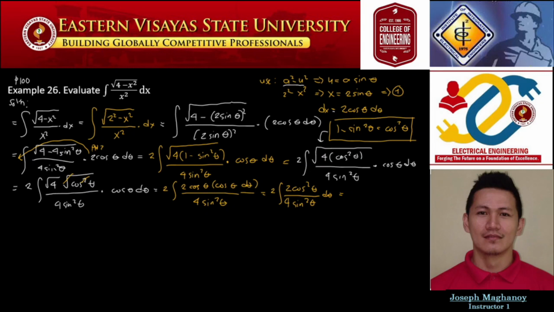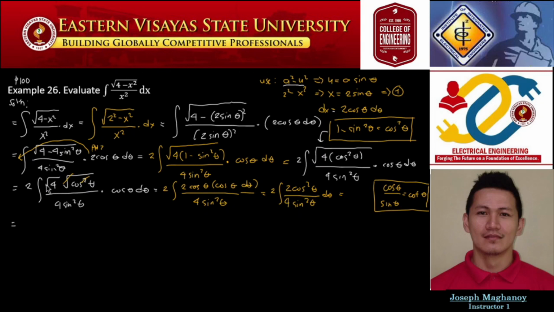So we need to use again an identity of cosine theta over sine theta is equal to cotangent theta. We can use this and rewrite our existing function.